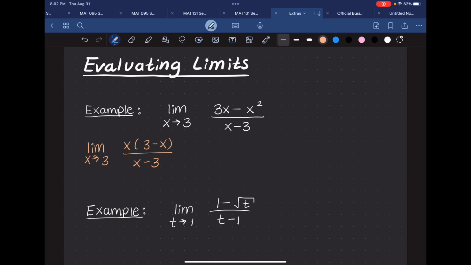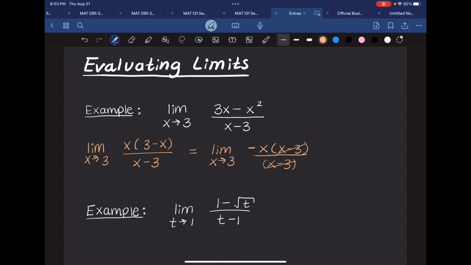And then notice that if I multiply by a negative in either the numerator and denominator, I can write this as limit x goes to 3 of negative x(x minus 3) over x minus 3. And now we see that these x minus 3's for sure cancel.